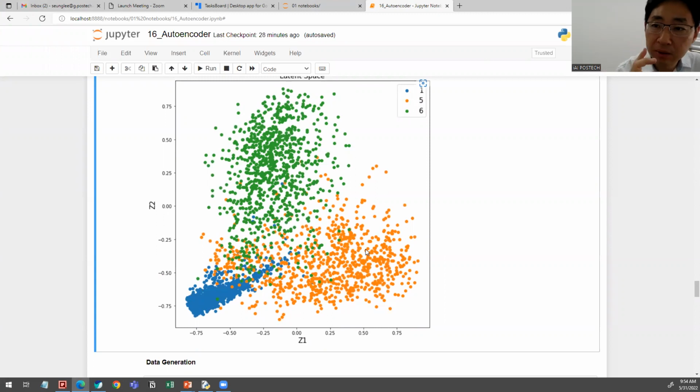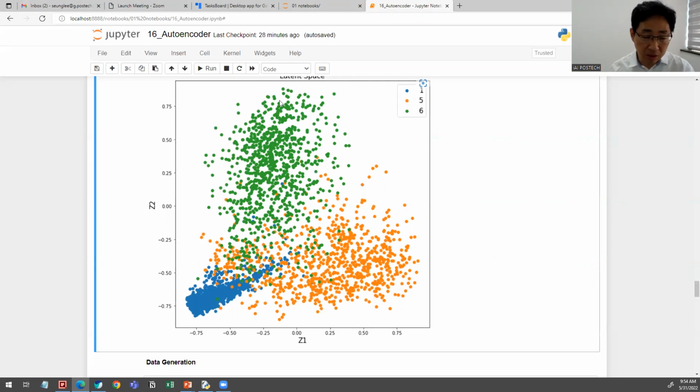So think about the original space. It's 784 dimensions. Now we do data compression into a two-dimensional space. And even in the latent space, even if there are some overlaps, I think it's quite a good classification or clustering.